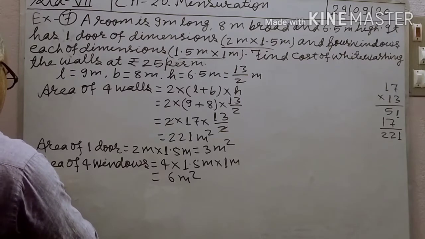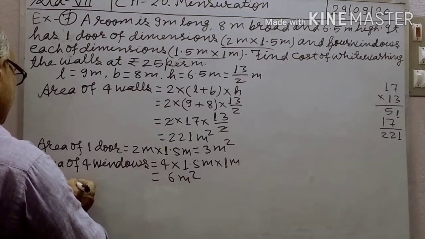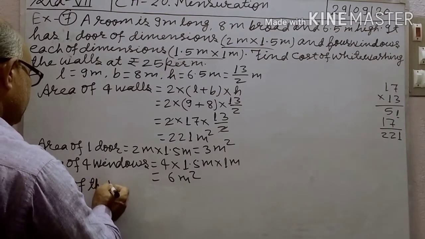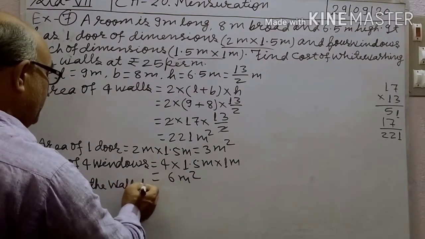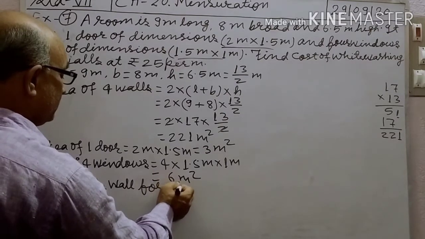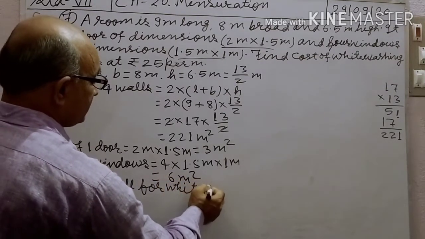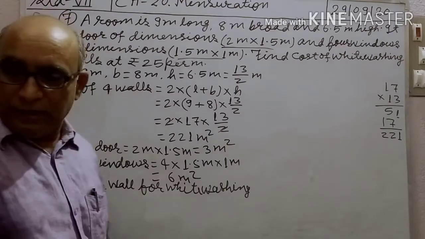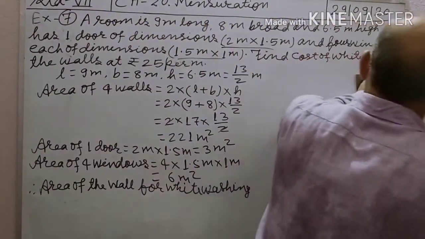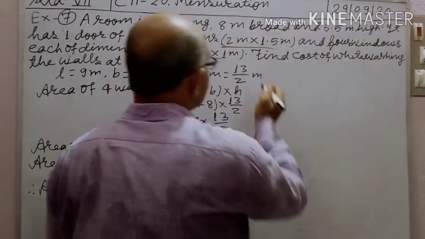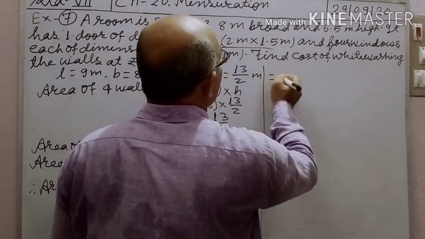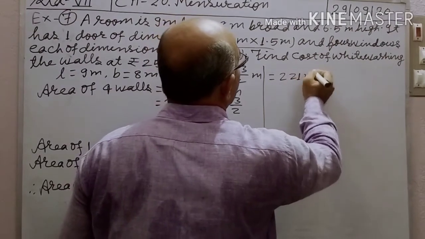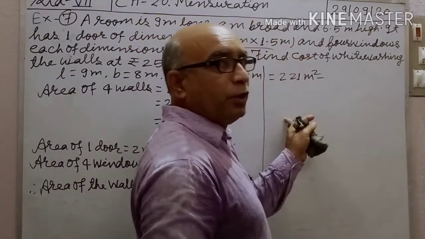Now area of the wall for whitewashing equal to area of the wall 221 meter square minus 4 windows and 1 door.